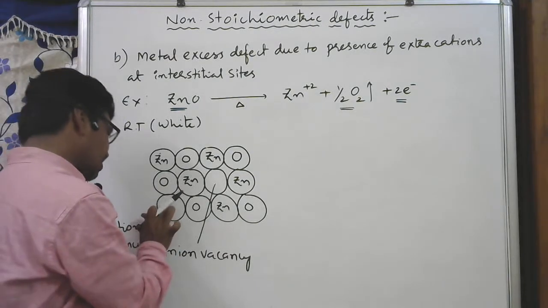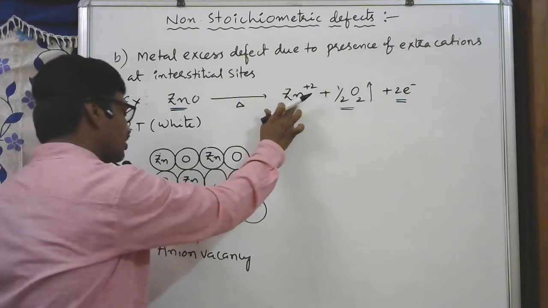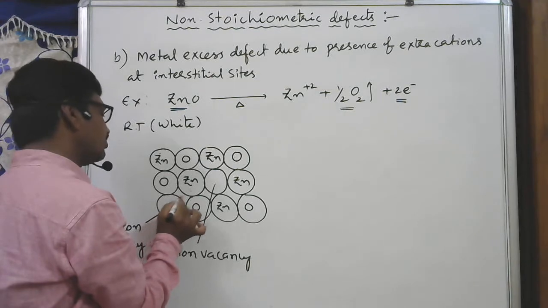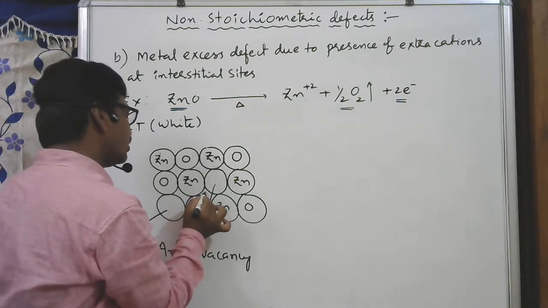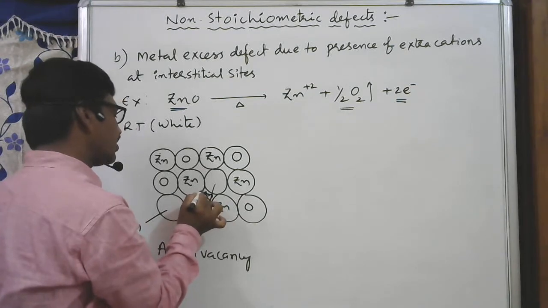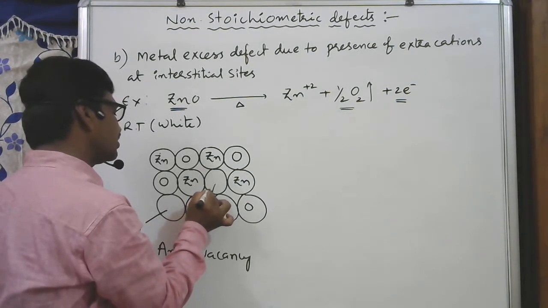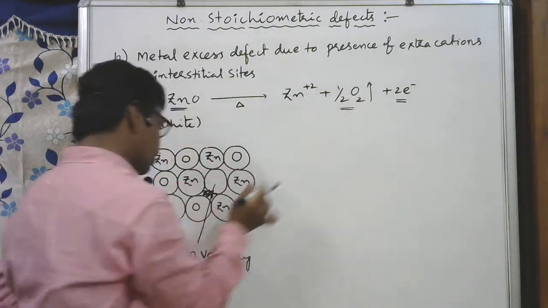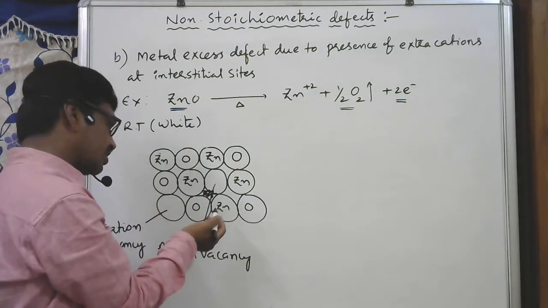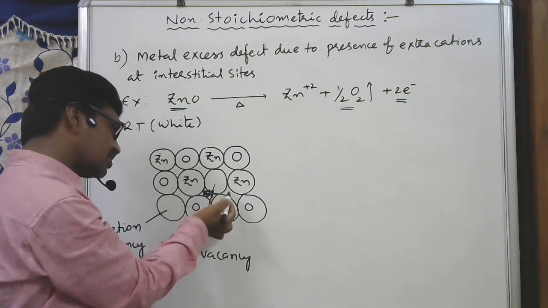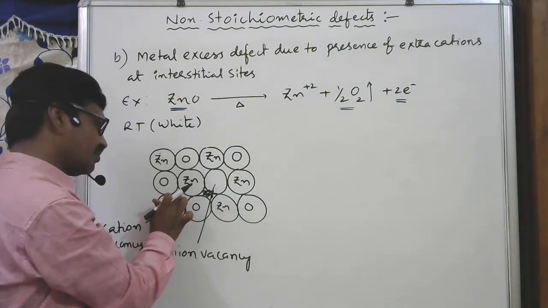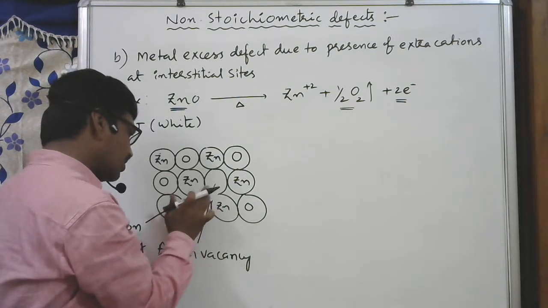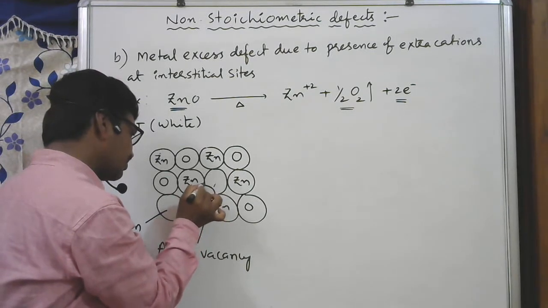See here, this zinc now changes to zinc plus 2 and enters into one of the interstitial sites. Here I am writing zinc plus 2, and the remaining electrons are present here. Those electrons now occupy interstitial sites adjacent to this zinc plus 2, here and here. Here I am writing clearly, this is the interstitial site.